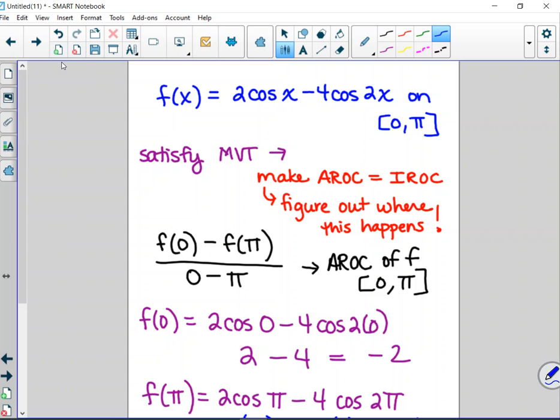Here's the next trick on this problem, though. I got to write the derivative of this.